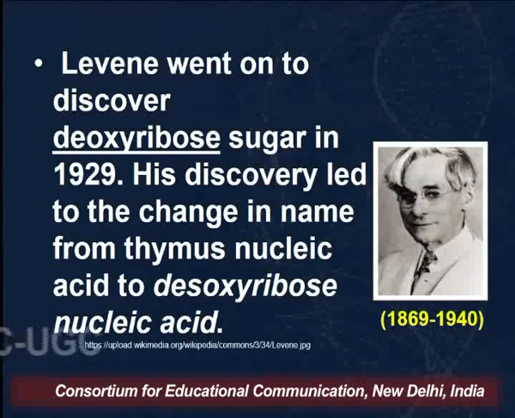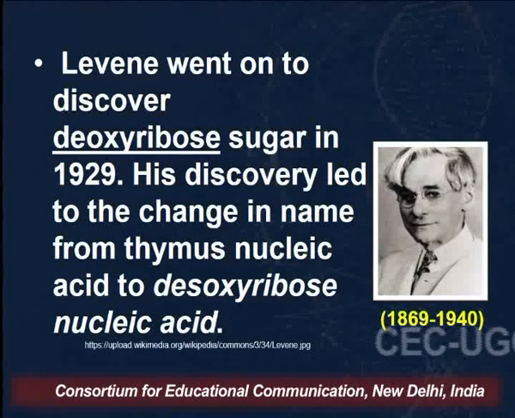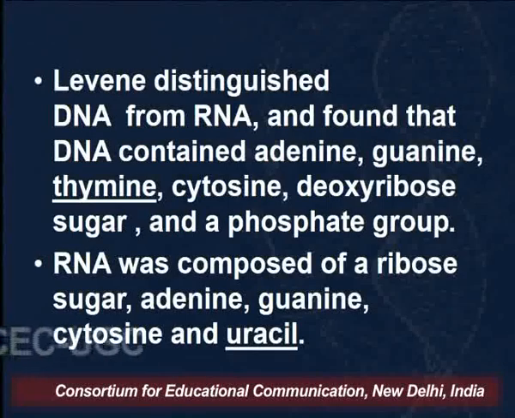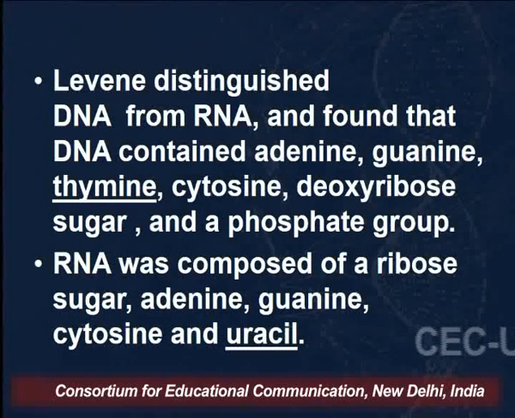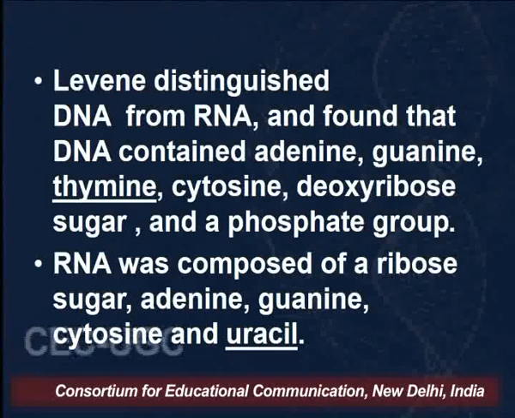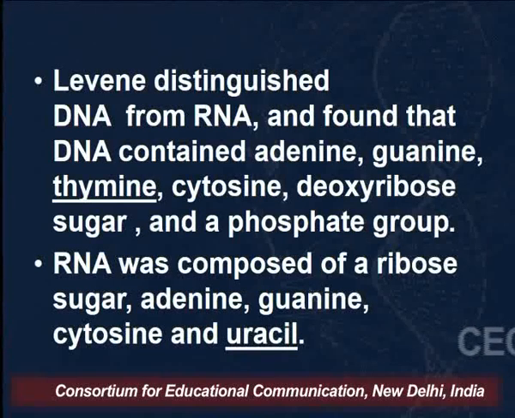His discovery led to the change in name from thymus nucleic acid to desoxyribose nucleic acid. Levene distinguished DNA from RNA and found that DNA contained adenine, guanine, thymine, cytosine, deoxyribose sugar, and a phosphate group.